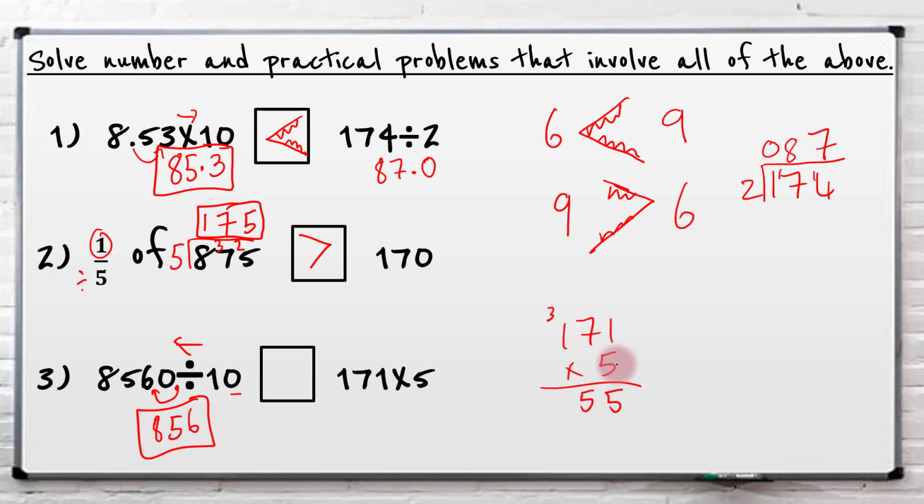Carry the 3. 5 times 1 is 5 plus the 3 will give me my 8. So this will be 855. So which one is bigger? 856 or 855? Well, that's easy. It is the 856 is more than 855.